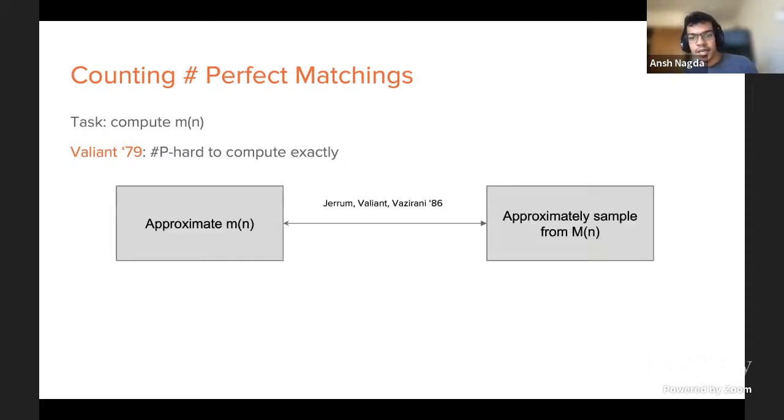One of the main ideas used for this task is the following equivalence, proved by Jerrum, Valiant, and Vazirani in much more generality: the existence of an efficient randomized approximation algorithm for the number of perfect matchings is equivalent to the existence of an approximate sampling algorithm from the uniform distribution over all the perfect matchings.